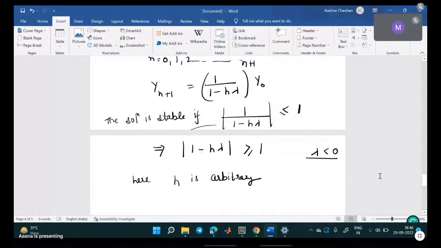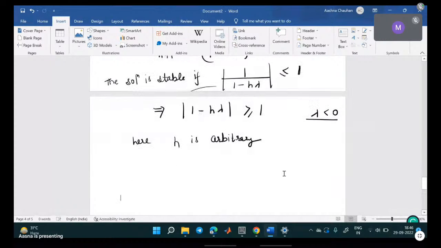So that is why we can say there is no condition here on h which makes the given backward Euler unstable.